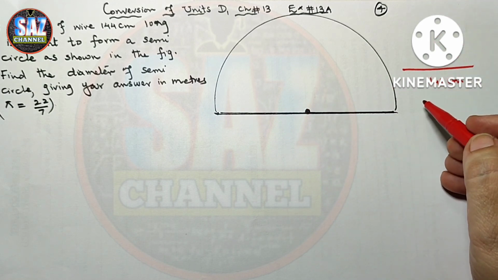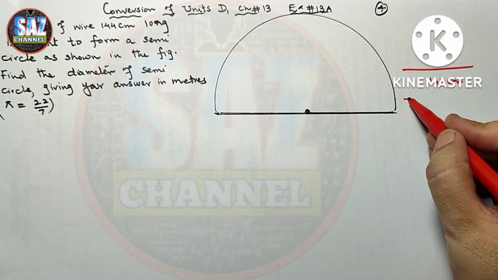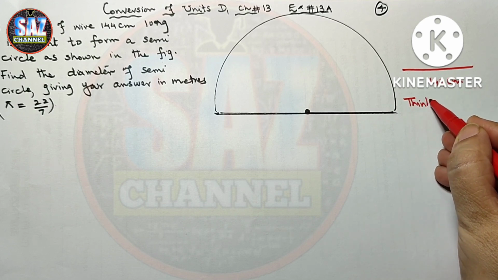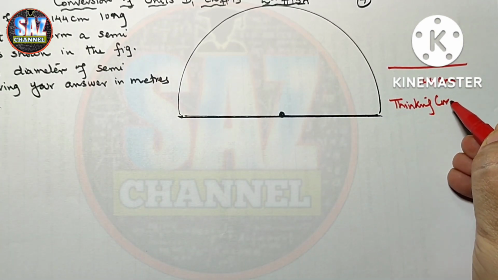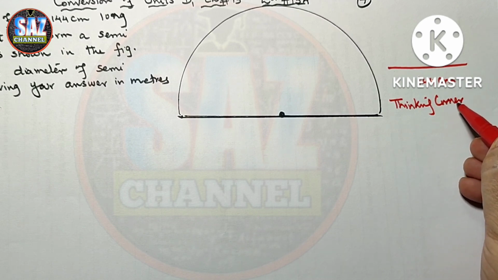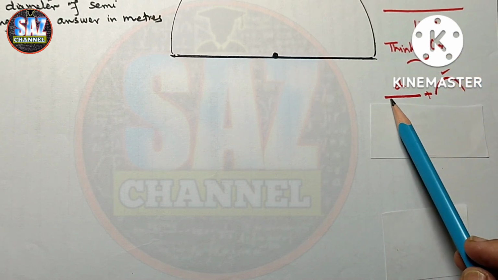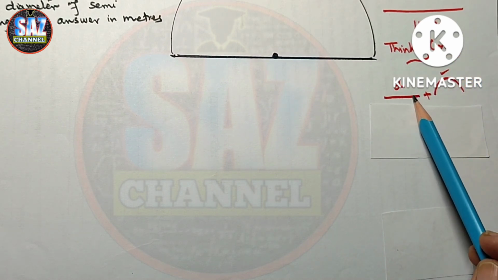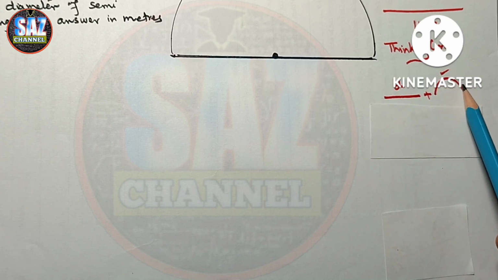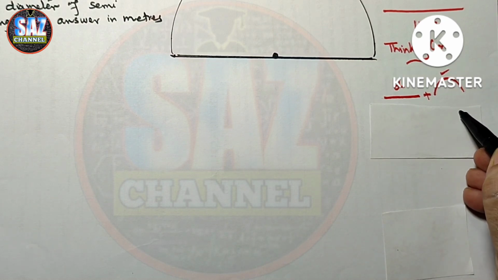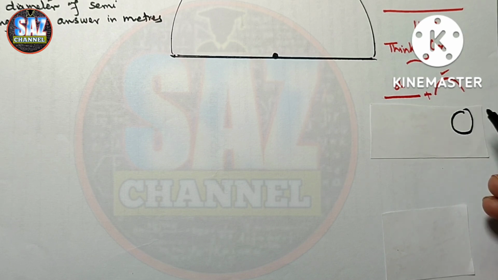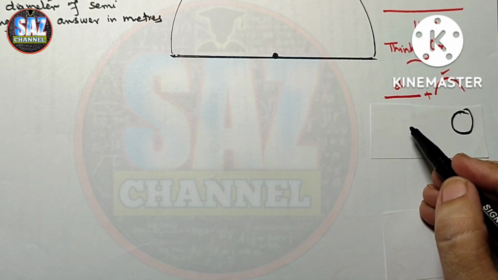Yes, let's make the thinking corner here. Always make the thinking corner in your working. Now let's think that this 144 centimeter wire will be used for making the diameter plus this semicircular portion. If we have the full circle with us, then we need how much wire?